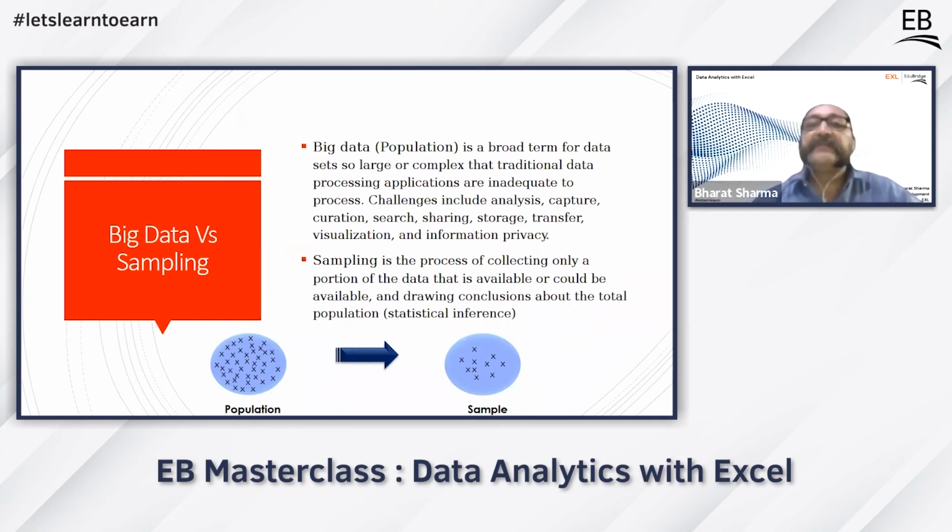When we use traditional tools like Excel, it becomes a little difficult to do any analysis on the population or big data. In order to work with big data, we would need new technologies and new tools.